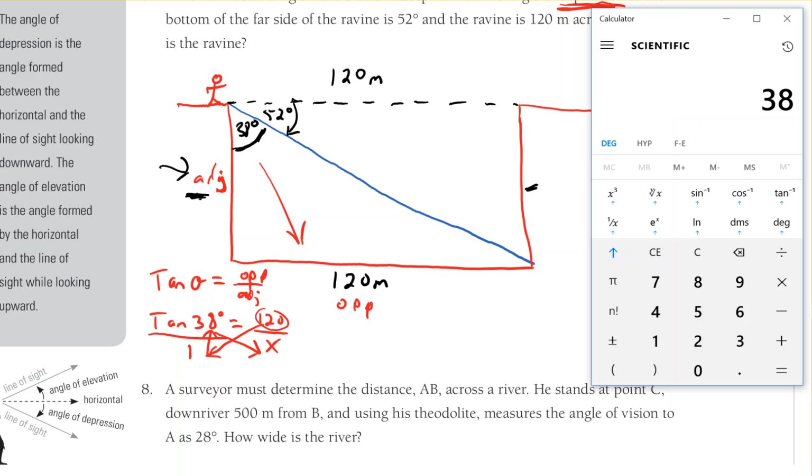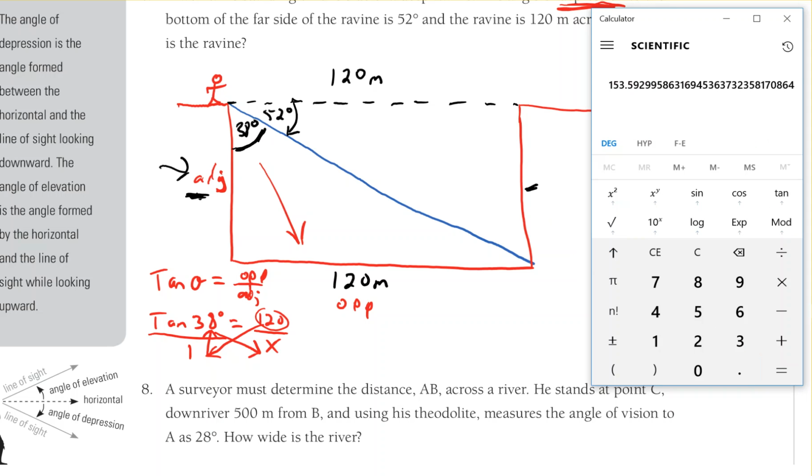So we'll go 120 times 1, which really didn't do anything, right? Still just 120. And then divided by 38 and then tan, but I'm still on tan inverse, so I have to push shift again. So 38 and then just tan. And then remember, I have to push equals because that number up there is just the tan ratio.